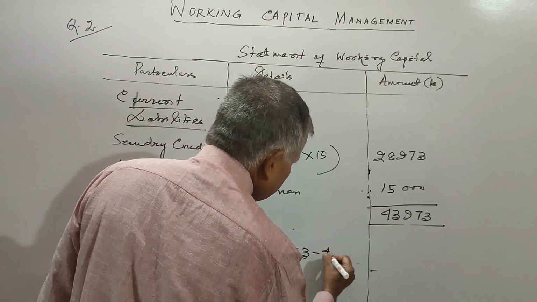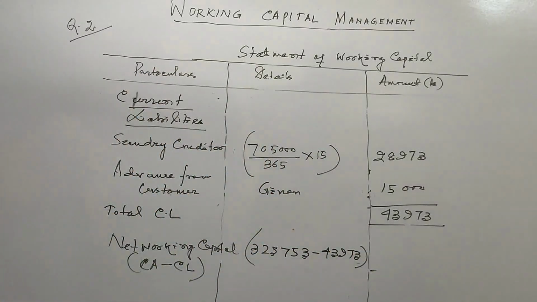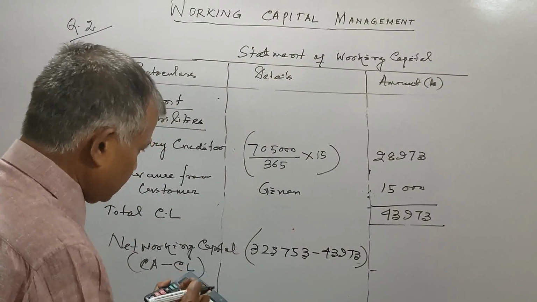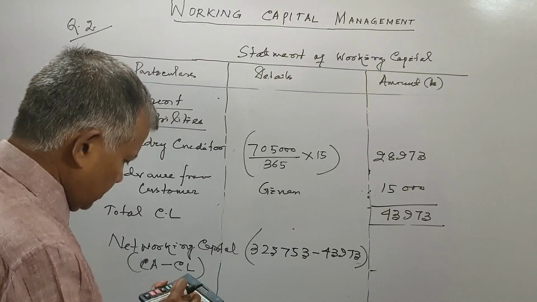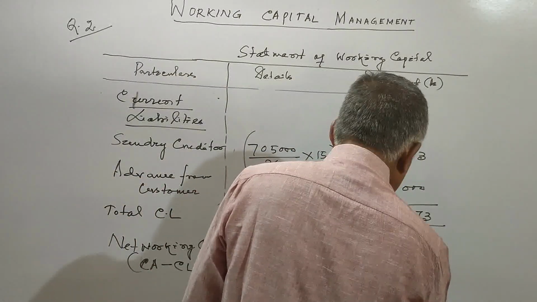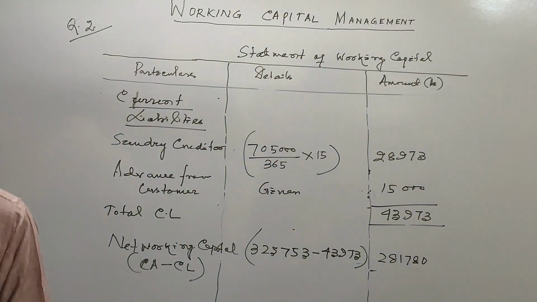Current liability is 43,973. So $325,753 minus 43,973 is 281,780. This is the net working capital.